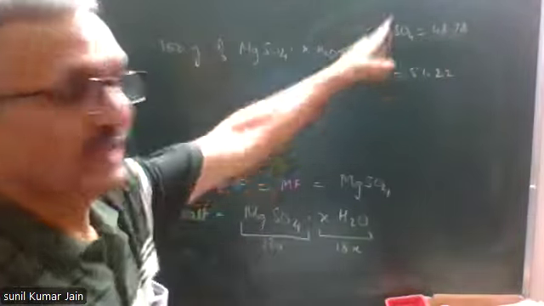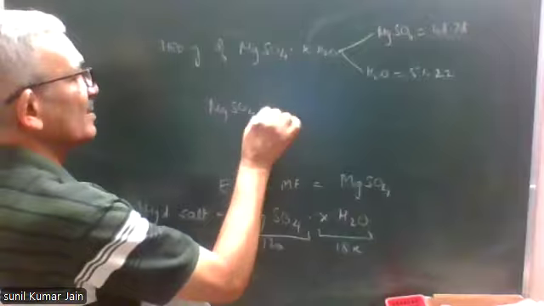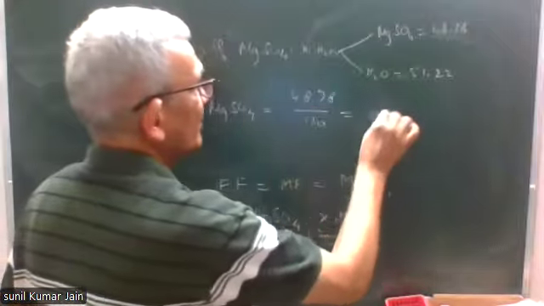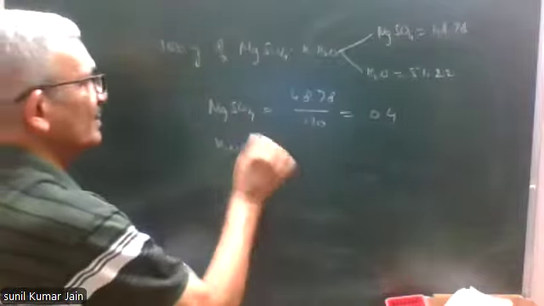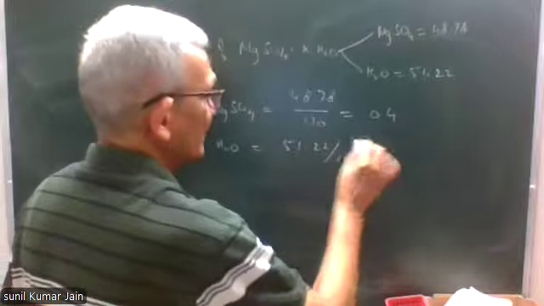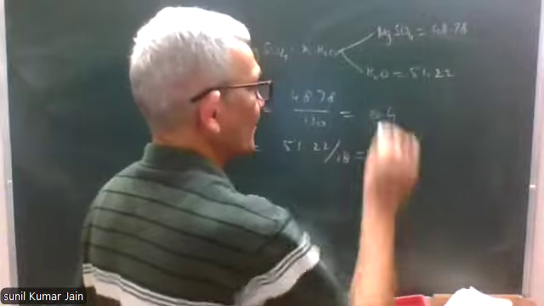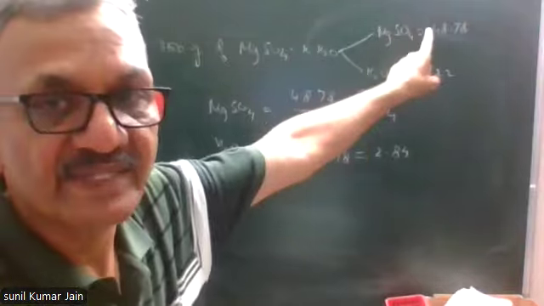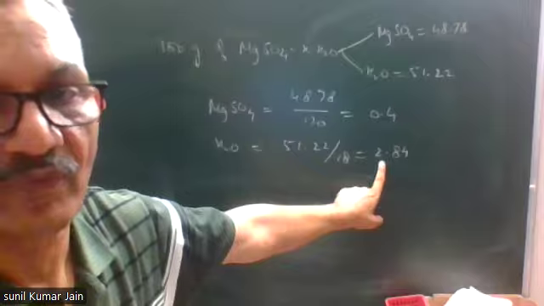Now we'll convert both of them into number of moles. So MgSO4 will be 48.78 divided by molecular weight 120.4, and water will be 51.22 divided by 18. This will come out to 2.84. It means 0.4 mole of anhydrous MgSO4 combines with 2.84 mole of water.